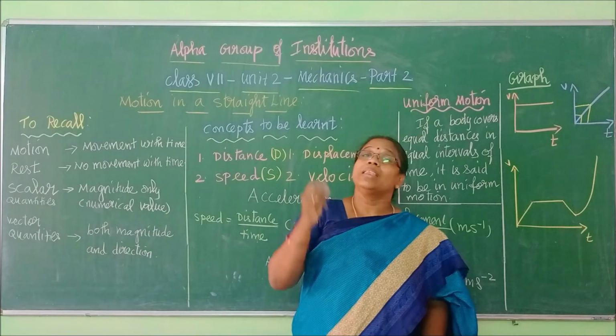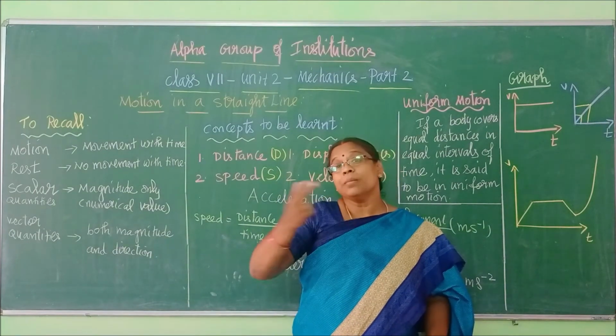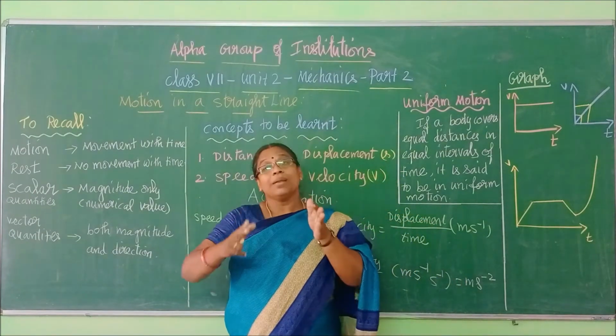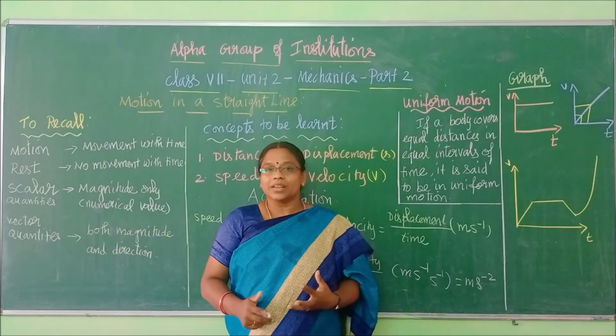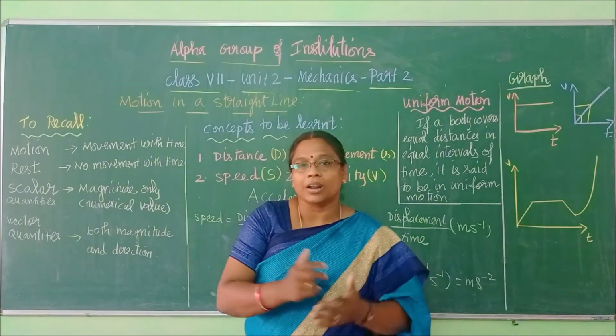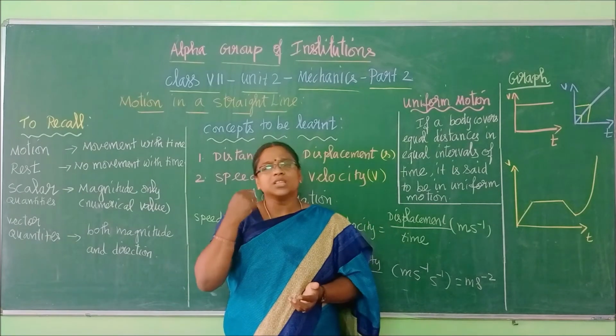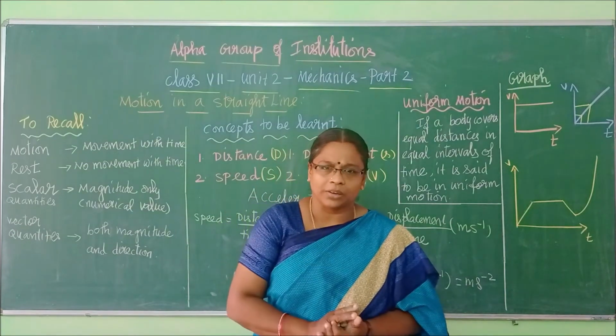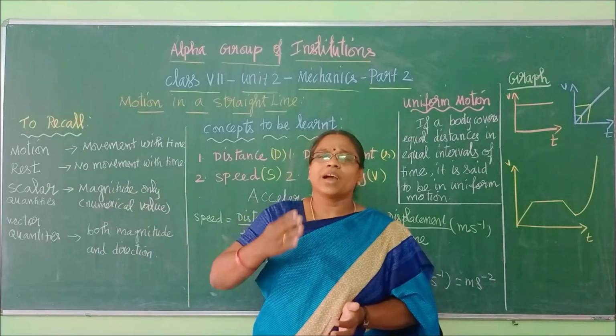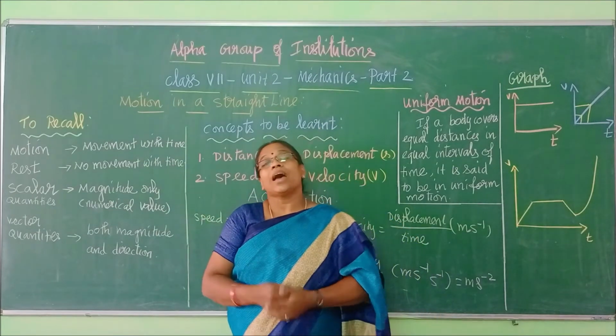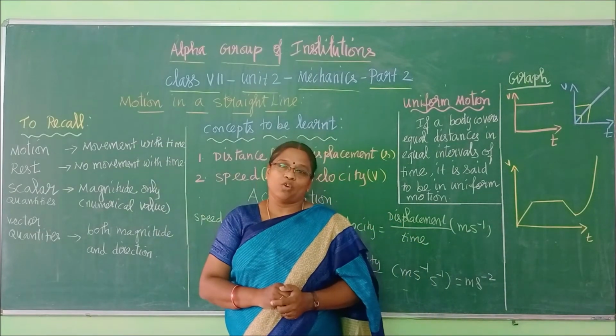Like this, if any body travels the same distances in the same intervals of time. For example, if I travel in a car and for every 2 minutes I cover 1 kilometer, then I will be said to be in uniform motion.